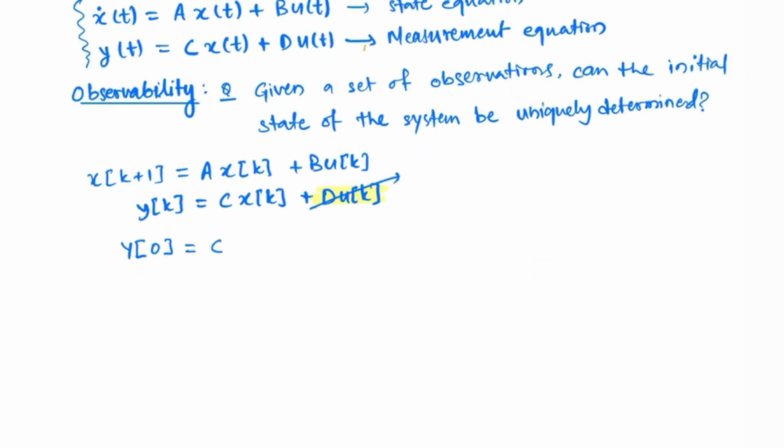Say y of 0 is C into x of 0, and then you have y of 1 to be C into x of 1, which is say C into A of x of 0 plus B into u of 0.